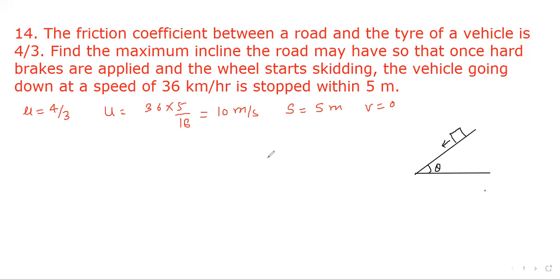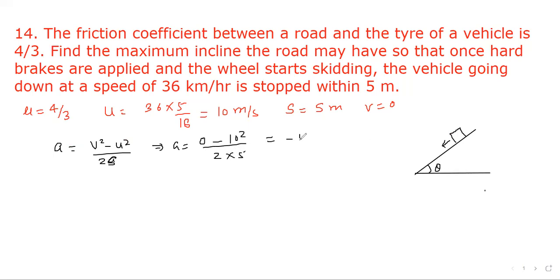Now we can apply the formula to get acceleration first. So A equal to V square minus U square divided by 2S. So this would be equal to A, final velocity 0, initial velocity is 10 square divided by twice of 5.